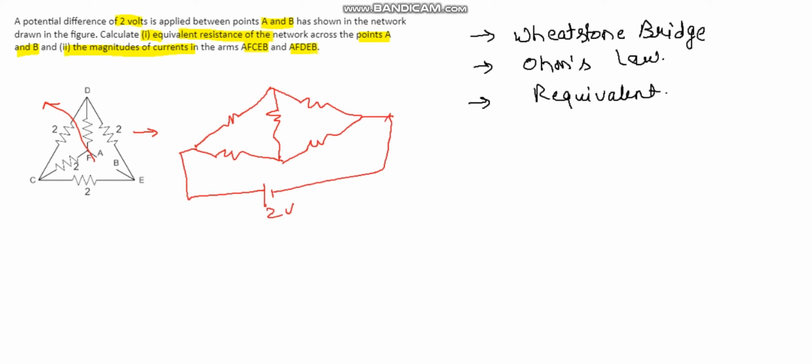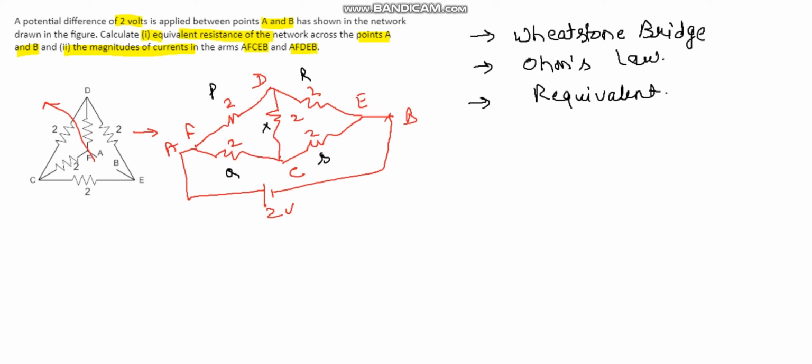This is the 2 volt battery, this is point B, this is point E, this is point A, this is F, this is point D, and this is point C. And these are resistances, all having value 2 ohms. I am representing these as P, Q, R, and S, and this one I am taking as X.